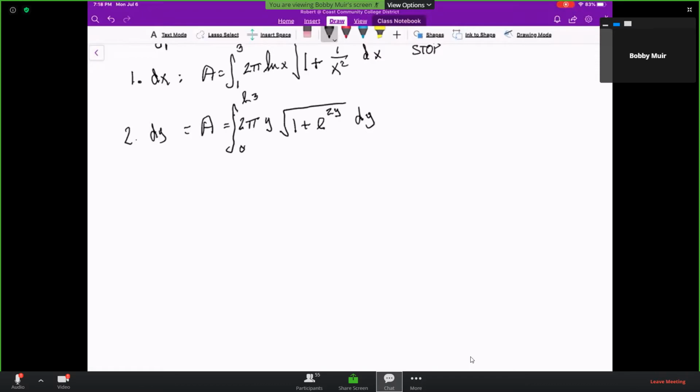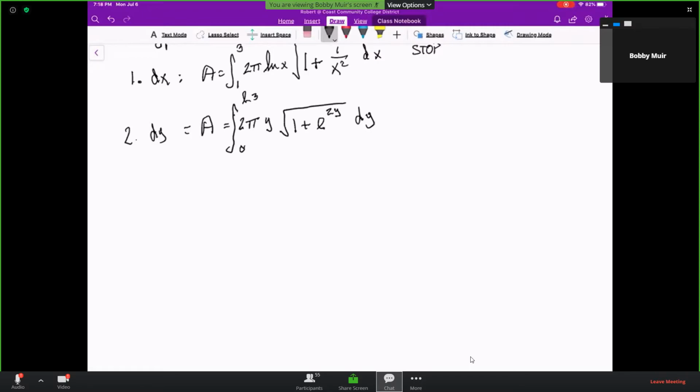There we go. All right. Yeah, cube root. Okay.